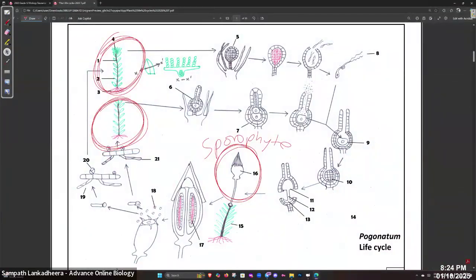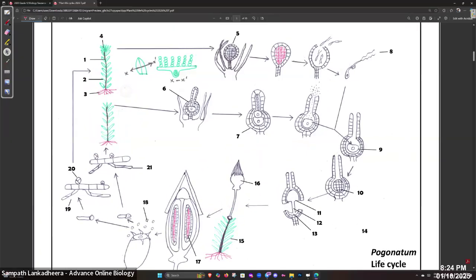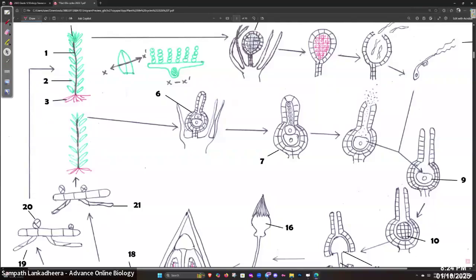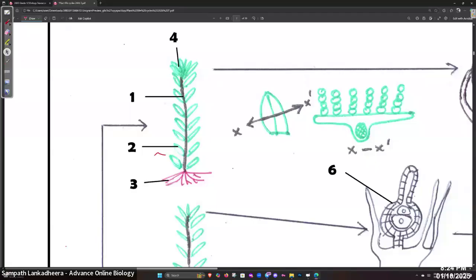Let's come back to the diagram we drew in the class. I hope you can understand and identify these stages now. What is this?